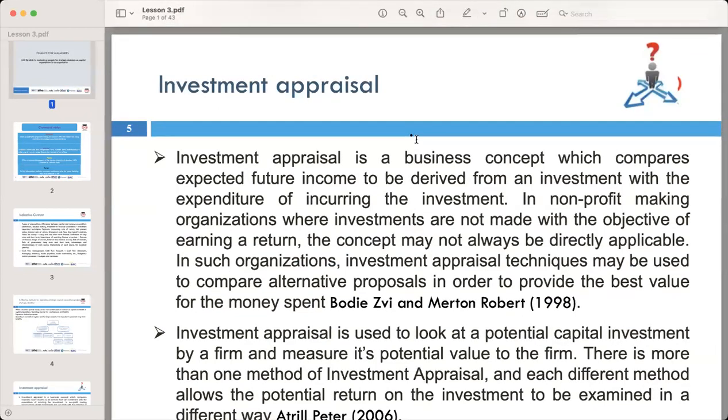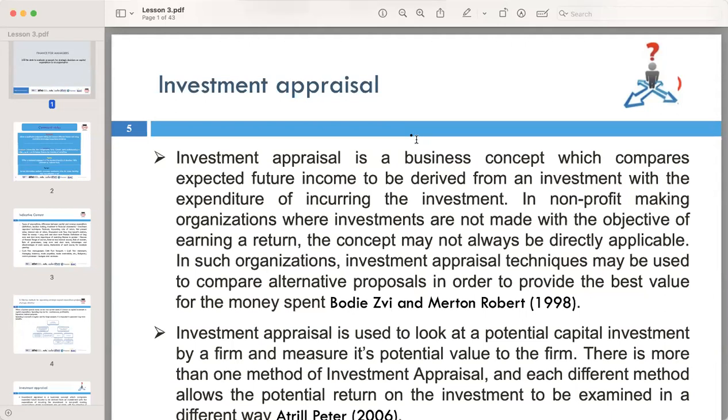When evaluating capital expenditure proposals, we use investment appraisal techniques to determine their potential value to the organization. These techniques compare the expected future income from an investment with the expenditure incurred. In non-profit organizations, where investments are not made with the objective of earning a return, investment appraisal techniques can still be used to compare alternative proposals and provide the best value for the money spent.